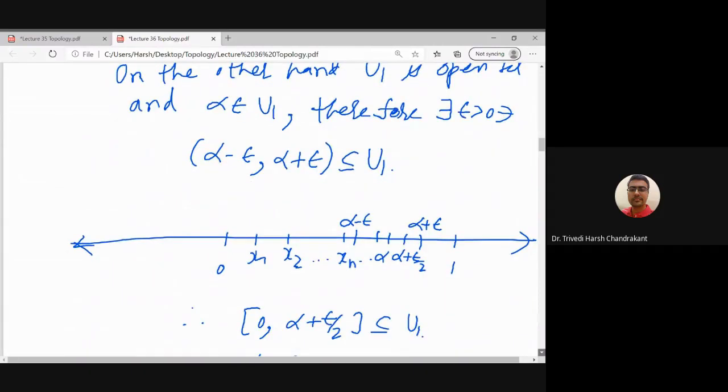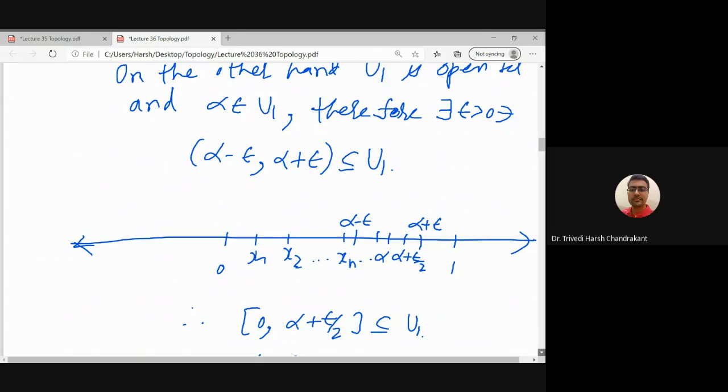So since alpha to alpha plus epsilon by 2, on the right side of alpha, is a subset of u1, that closed interval, if we consider from 0, is also contained in u1, because we know that the closed interval 0 to alpha is a subset of u1.